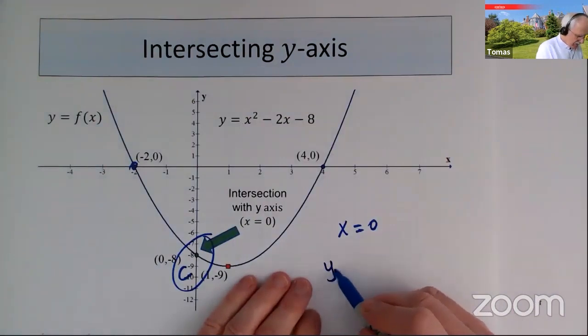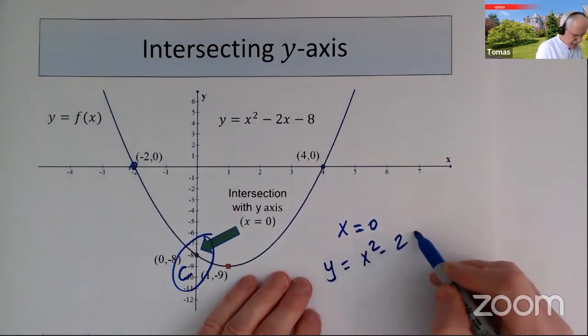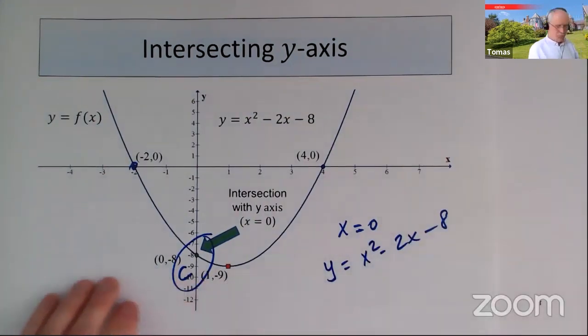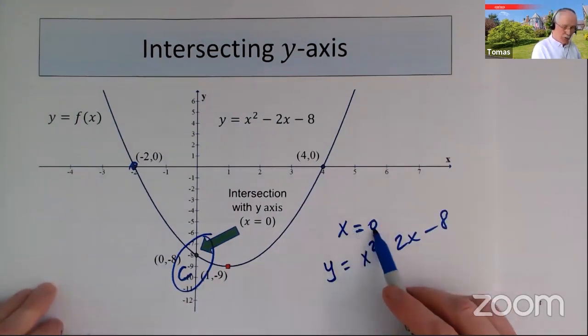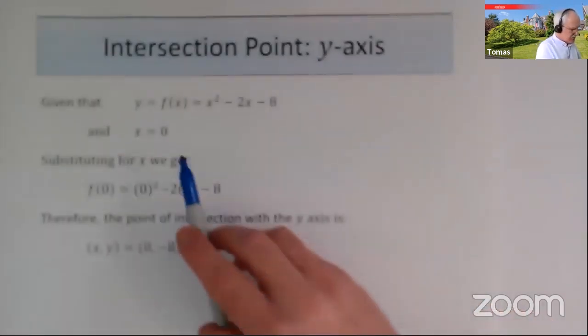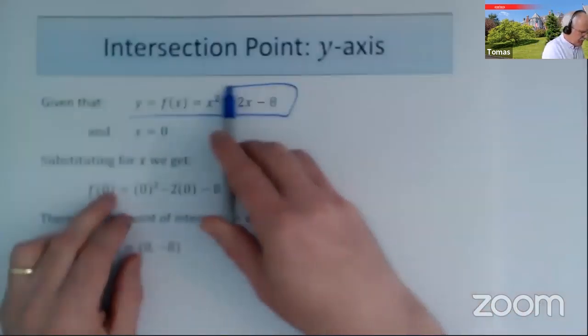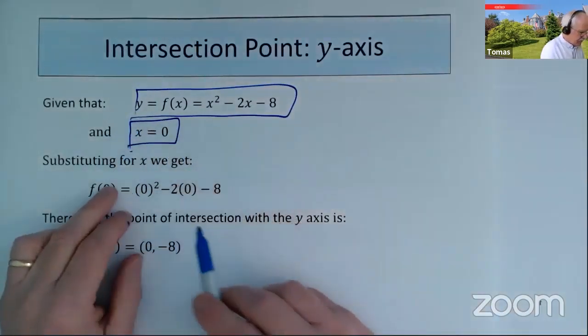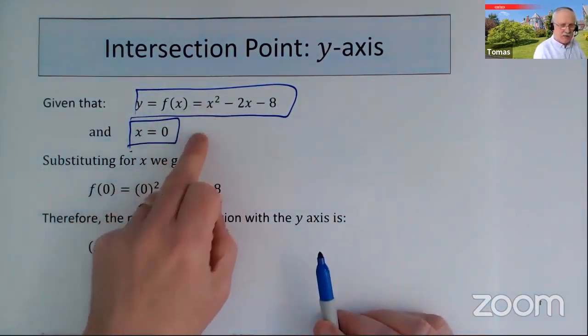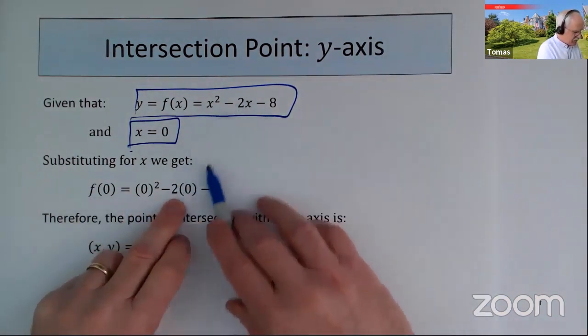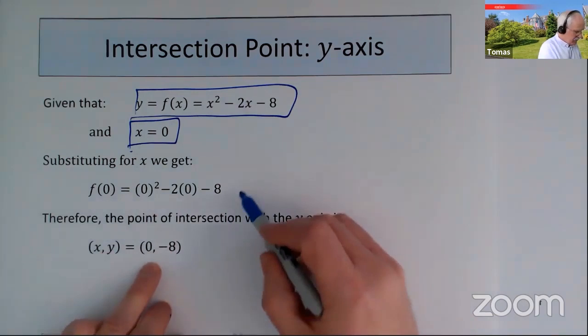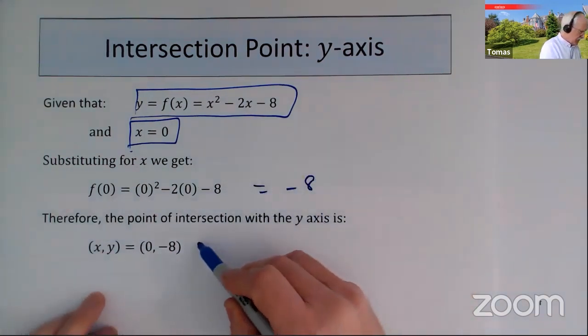Also, y is equal to x squared minus 2x minus 8. But I know the value of x, so I can plug in the 0. So x is equal to 0, and I can substitute everywhere there was an x with a 0. So f of 0 is 0 squared minus 2 times 0 minus 8, which is really minus 8.